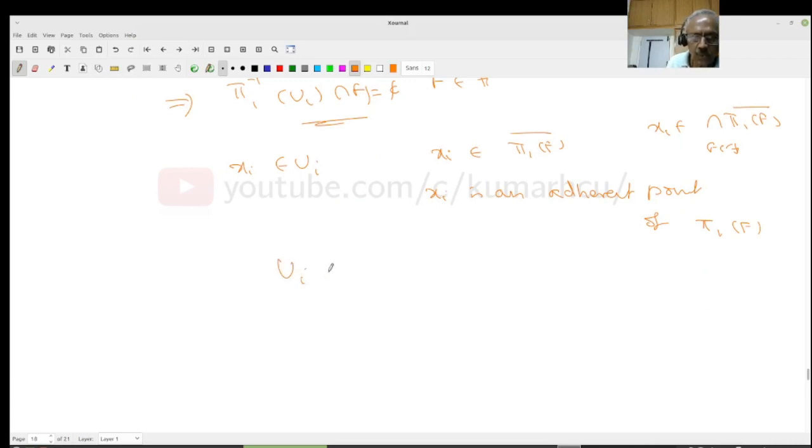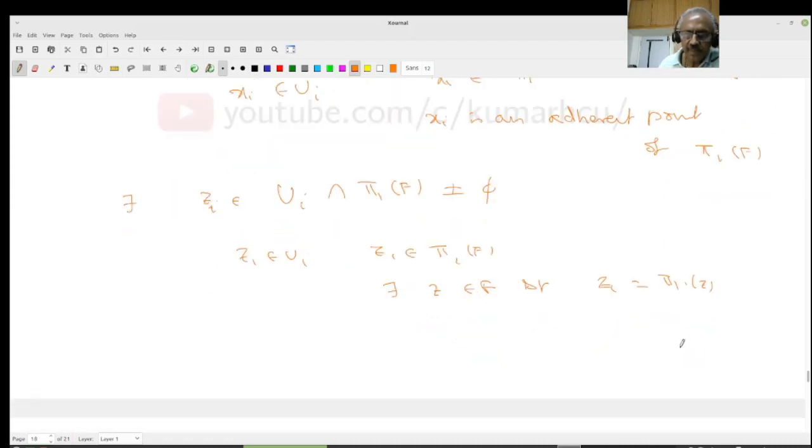That means U_i intersection pi_i of F is not empty. Is that clear? Yeah, it's an adherent point. Therefore there exists a z_i which is here. Right? Now z_i is in U_i and z_i is also in pi_i of F. What does that mean? That means there exists z in F so that z_i is pi_i of z.